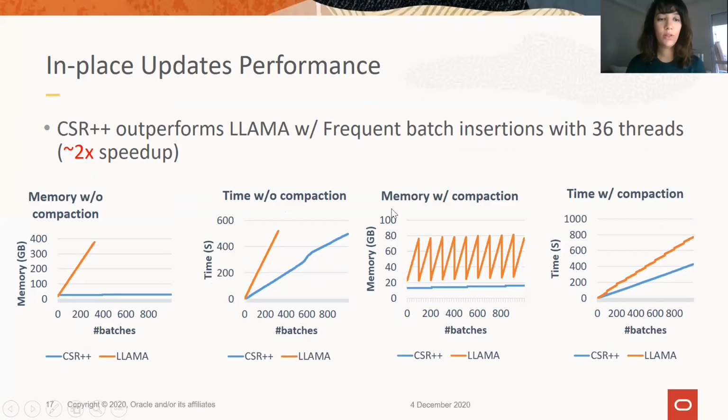As we see in this figure, Llama's memory usage explodes after applying around 380 batches, whereas CSR++ continues to run the in-place updates while consuming an almost stable memory footprint along the way. This increase in memory causes the system to run out of memory.